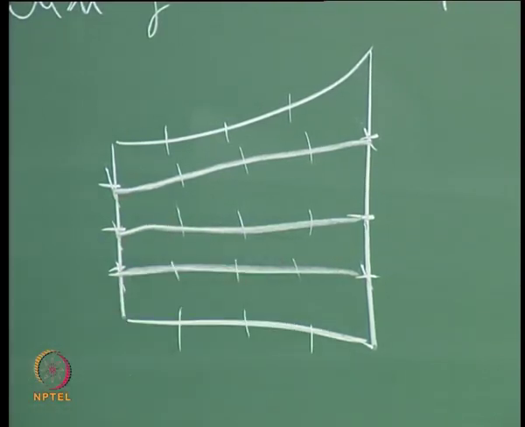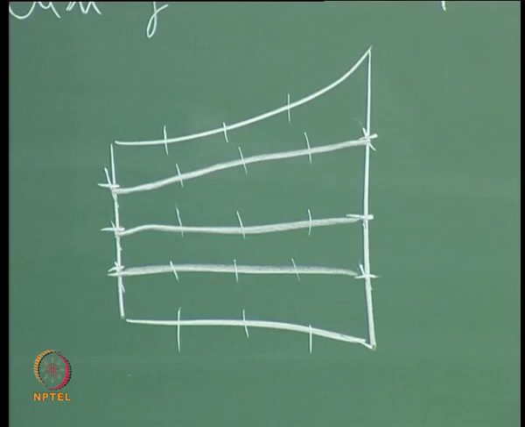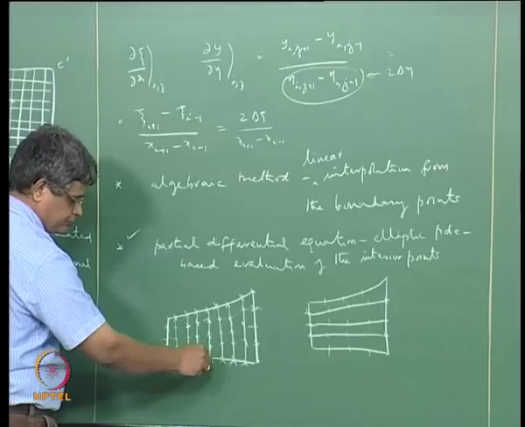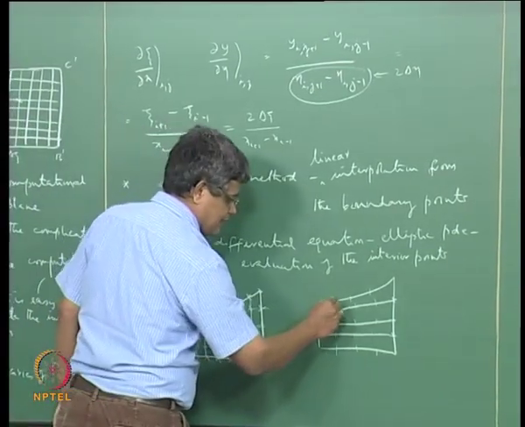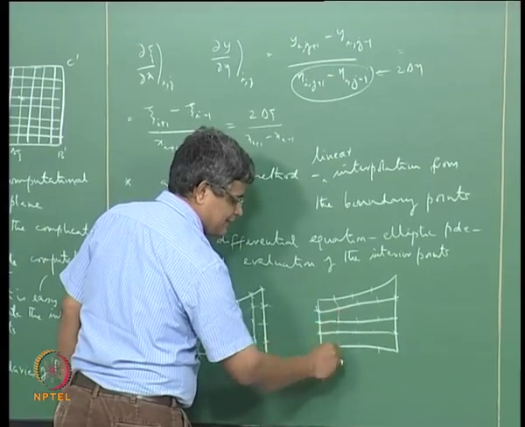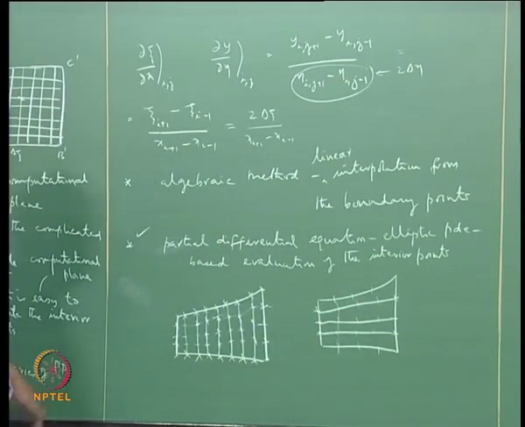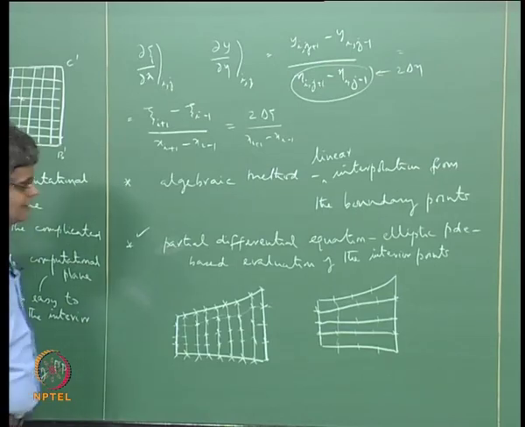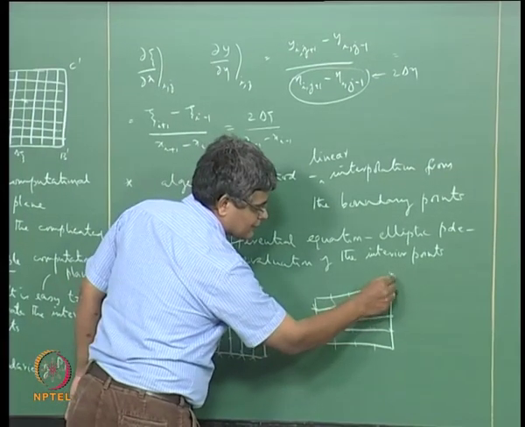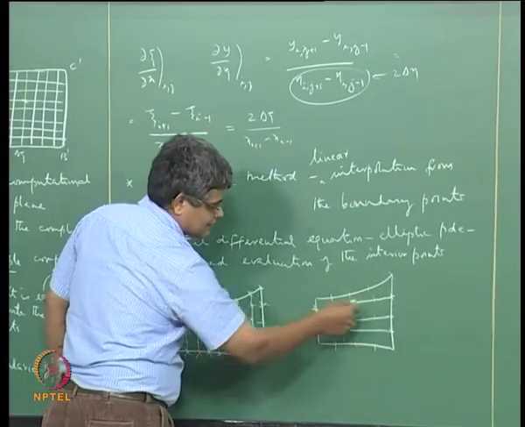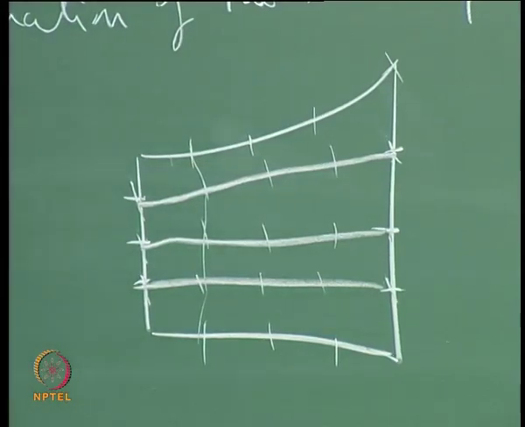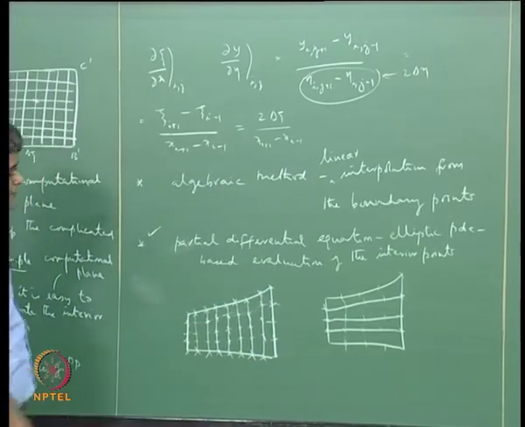So in that sense we can do interpolation either in this direction or in this direction, and ultimately we get the internal points. It is not necessary that both of them will give us the same points here. For example, in this particular thing here, this is a straight line which need not be exactly corresponding to this line here.